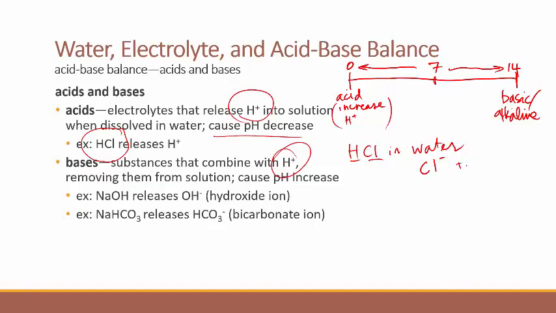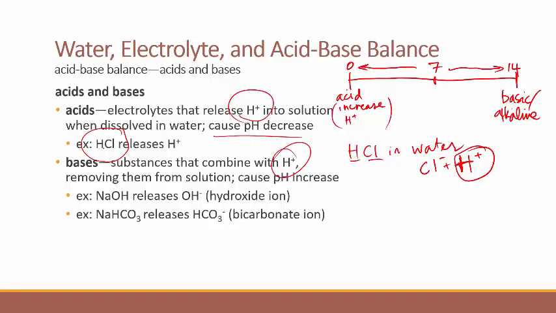And the hydrogen, which has now lost its electron, has a positive charge. So there's our source of acid when we dissolve hydrochloric acid in water. It's the hydrogen ion that's produced.